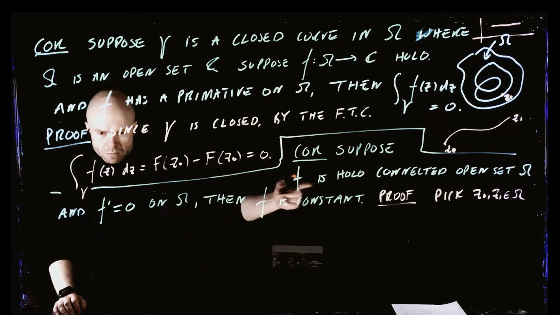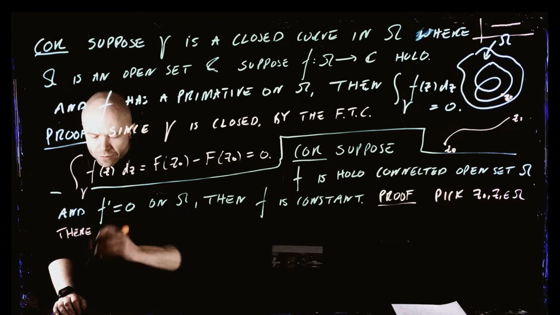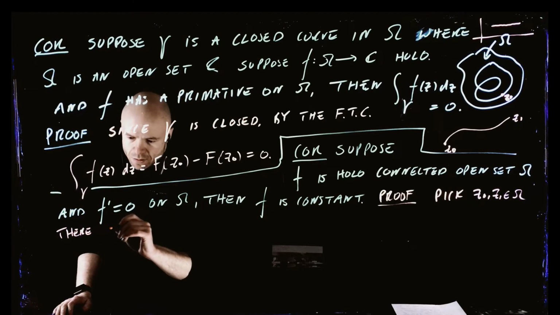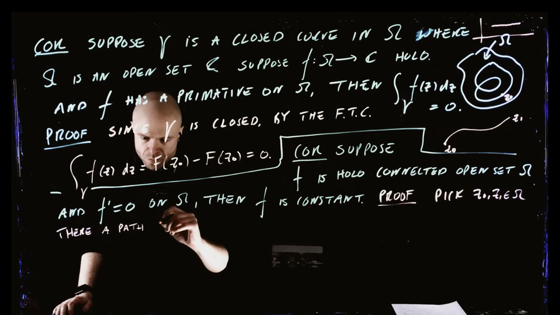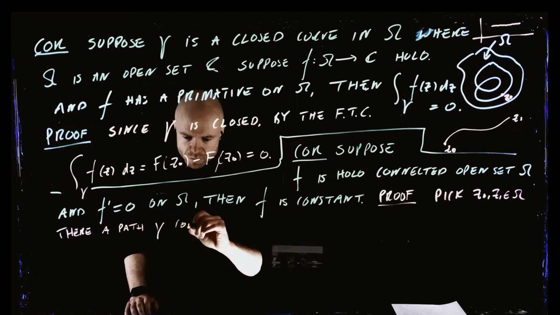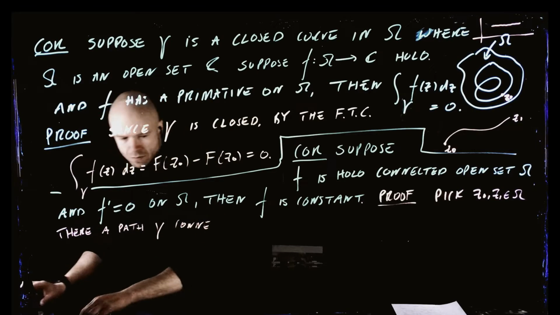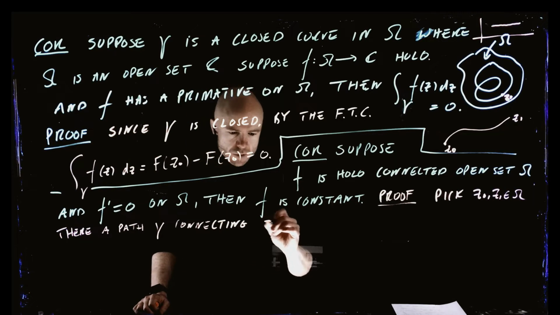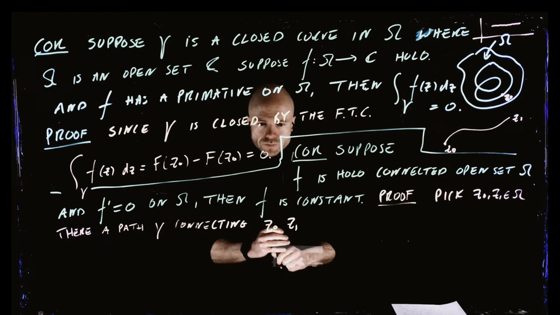Since it's connected, because you proved in homework that if it's connected, it's path connected, there exists a path gamma connecting z0 and z1. Okay, keep going.